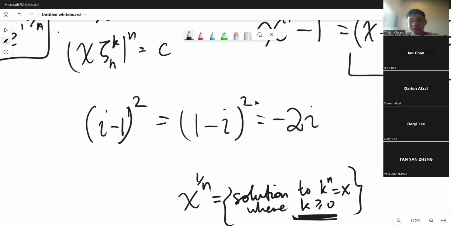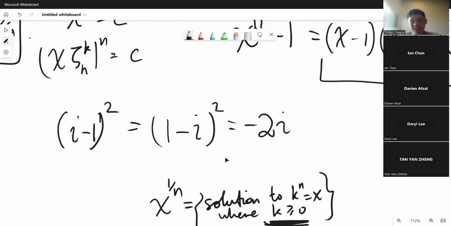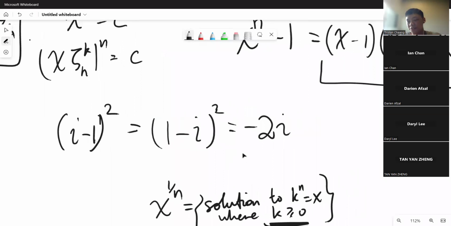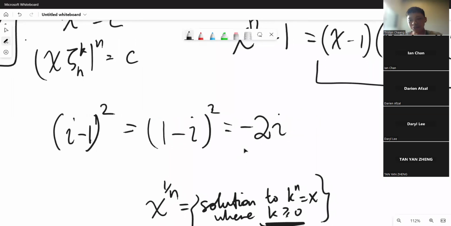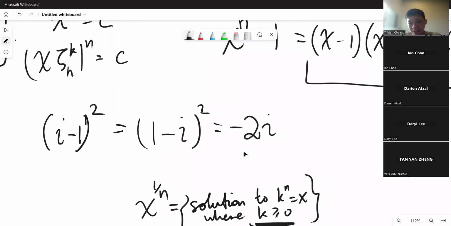But for general cases, it doesn't make sense to choose one, unless you use some very crazy rule, which you eventually can. But we just try to not use the square root symbol as much as possible, unless you really define it well.